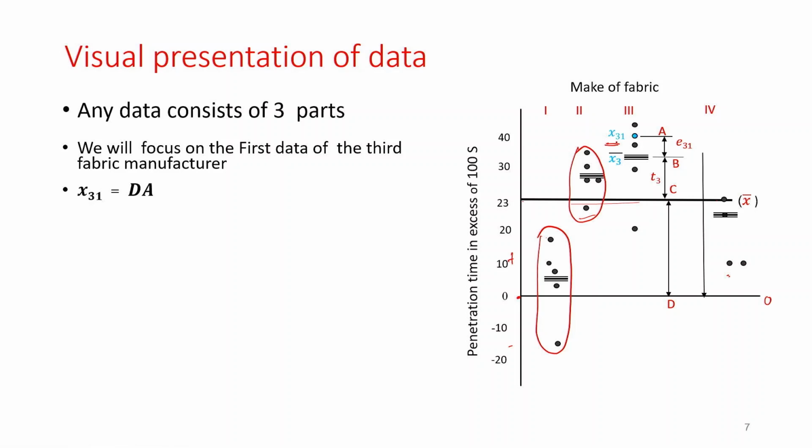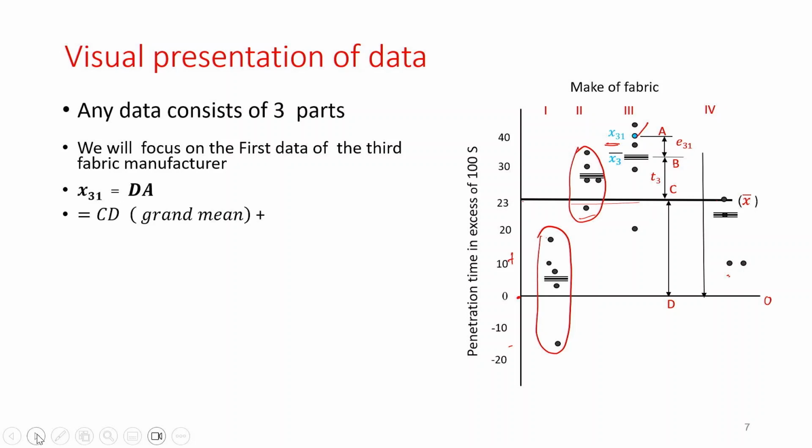The 3 stands for the third manufacturer and the 1 represents the first data point. So X31 is also shown by this point. You see the colors are exactly the same, so it is representing this value.